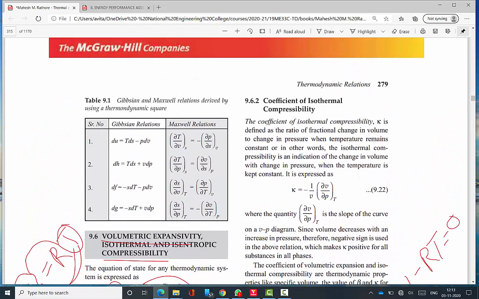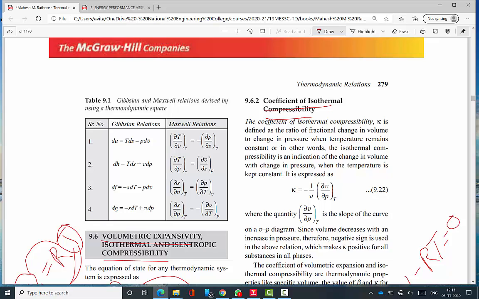the coefficient of isothermal compressibility. The heading itself tells the concept, giving the process temperature equal to constant. Therefore, K is defined as the ratio of fractional change in volume to change in pressure when temperature remains constant.